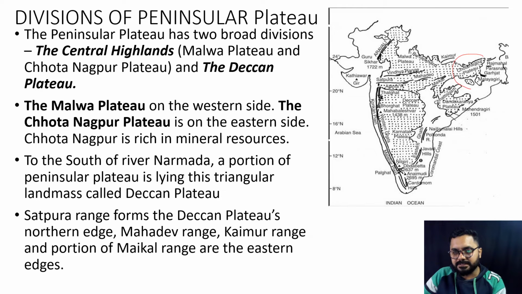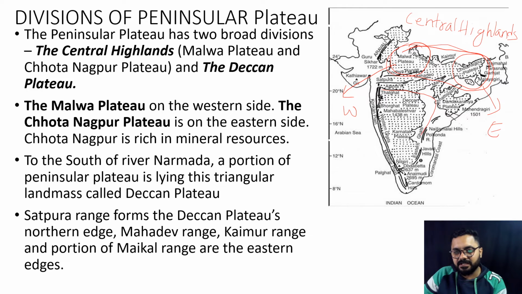Here you can see the Chota Nagpur Plateau on the eastern side, and the Malwa Plateau on the western side. These two lands combined are called the Central Highlands, and to the south of the Central Highlands, we have the Deccan Plateau.